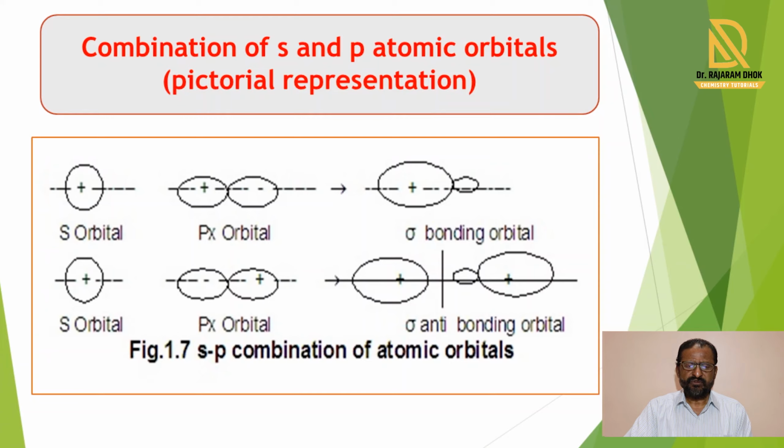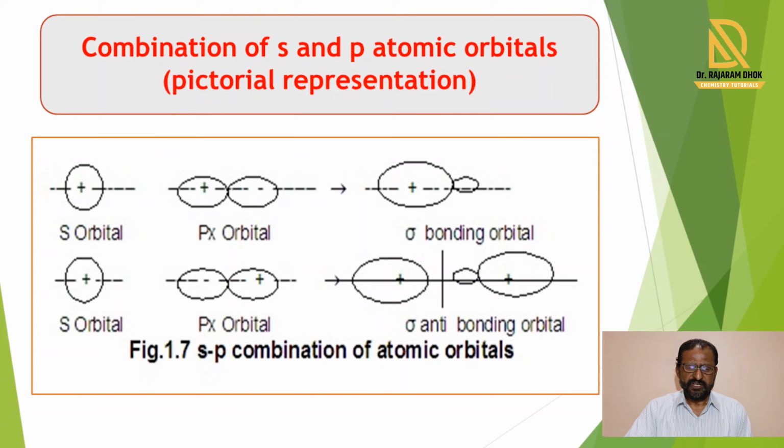When we compare the symmetry of the s orbital with the symmetry of the p orbitals, out of the three p orbitals only one has the same symmetry as the s orbital. So one of the p orbitals forms a sigma bond with the s orbital. In this diagram, one s orbital and one p orbital are shown.